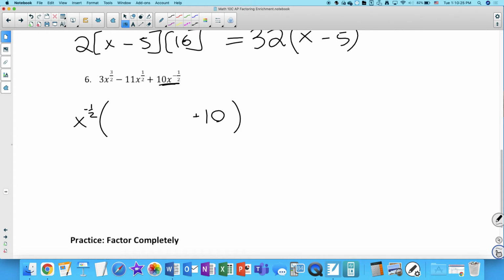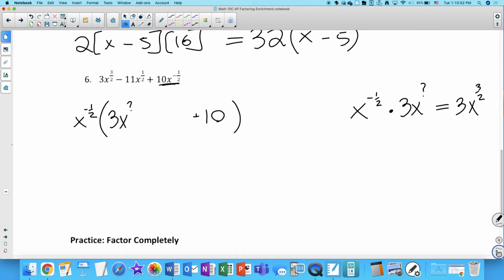Because if you think about this first term, it's going to be 3x to the something. Let's just put a question mark in there. Now let's go the other way. So x to the negative 1/2 times 3x to the something has to equal 3x to the 3/2.